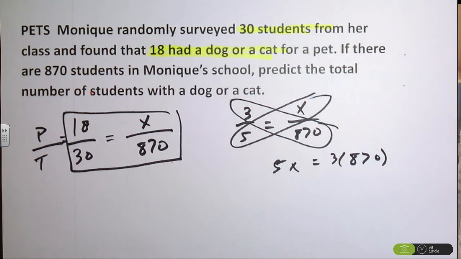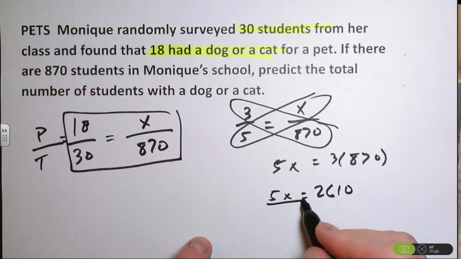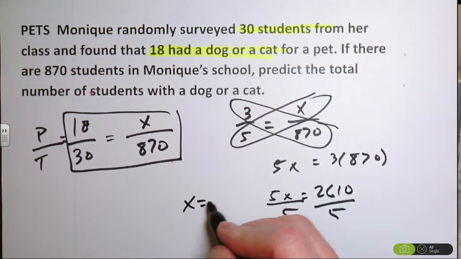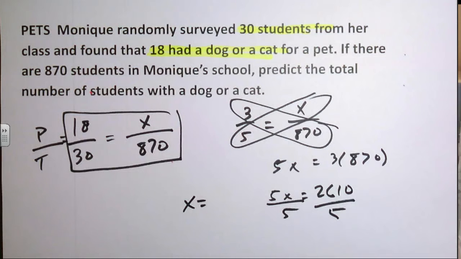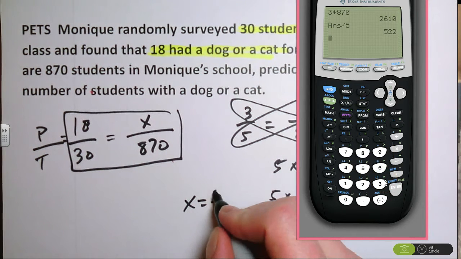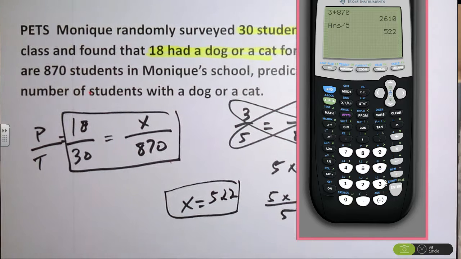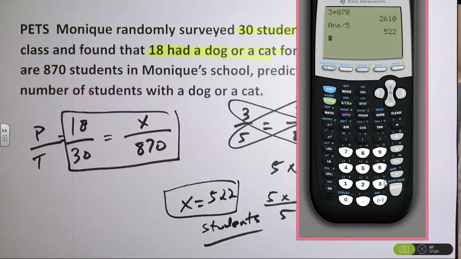That's 2610, and then divide by 5. 522. So we can expect 522 students to have a dog or a cat. Okay.